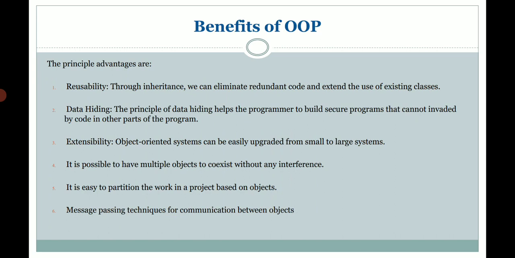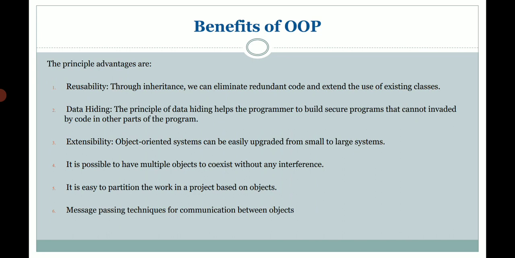In our basic concepts of object-oriented programming, one concept is inheritance. Inheritance is the first benefit, that is the reusability concept. Through inheritance, we can eliminate redundant code and extend the use of the existing class. This is the first benefit of object-oriented programming.